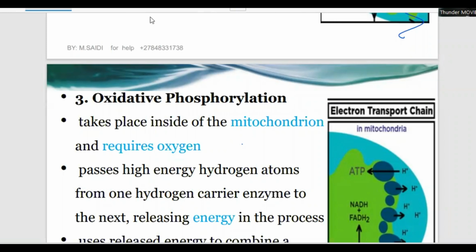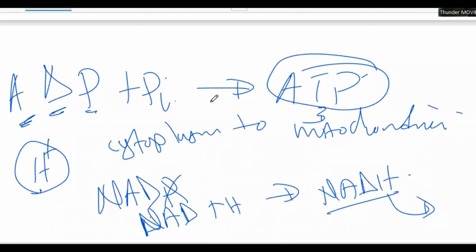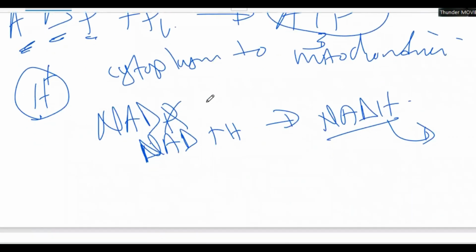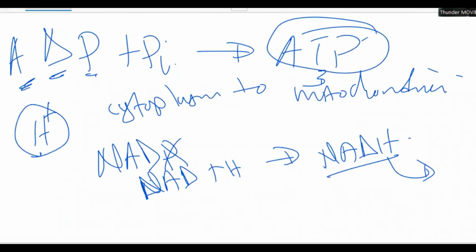So basically, as I said, what you got from the Krebs cycle and what you got from glycolysis, that is basically the NADH, enters what we call the oxidative phosphorylation.